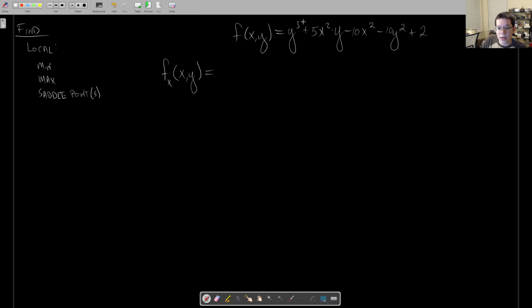Derivative of y cubed with respect to x is 0 because y cubed doesn't vary with x. 5x squared times y, taking the derivative with respect to x, is going to be 10x times y from our exponent rule. Negative 10x squared, derivative with respect to x is 20x.